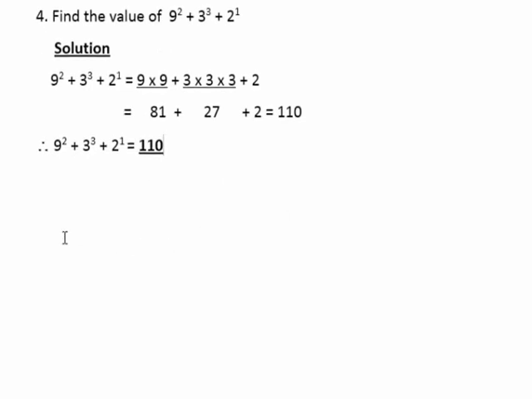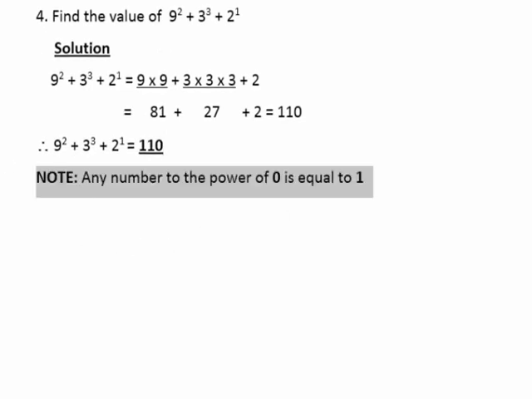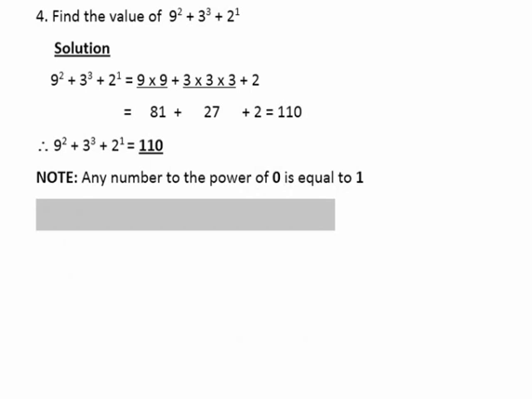There is something you have to note. Any number to the power of 0, we did not discuss anything concerning power of 0, so be careful here. Any number to the power of 0 is equal to 1. So let's see some few examples here.